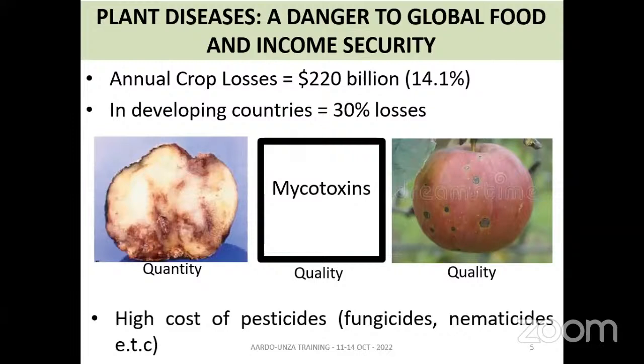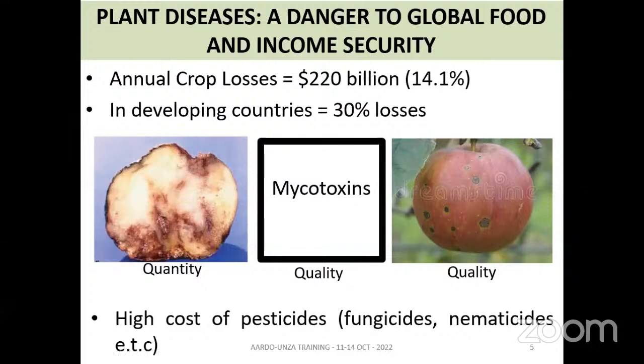If we zero in only on the developing world, which is where most of the AARDO countries belong, you will notice that it goes as high as 30% of all the losses being caused by plant diseases. 30% of the crop is being lost because of plant diseases. So this loss can be in many forms. What you see on your left here is an Irish potato.